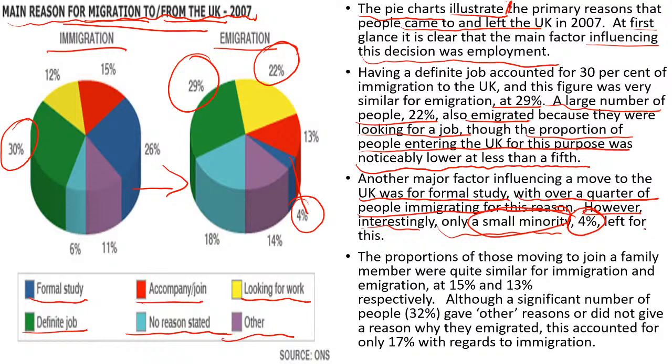The proportions of those moving to join family members were quite similar for immigration and emigration, at 15% and 13% respectively.